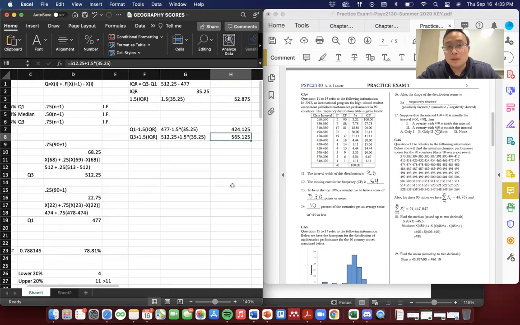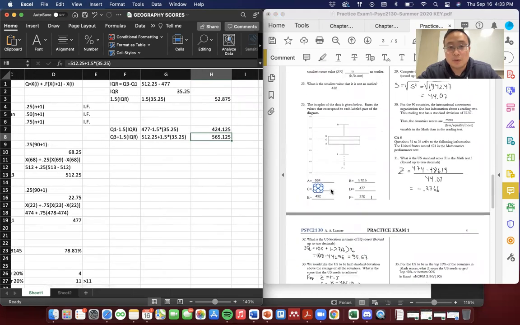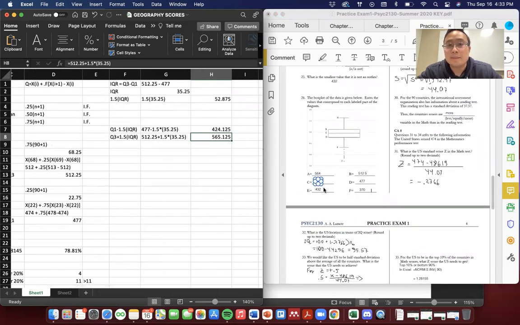So let's just work with A first, right? Anything above this number is an outlier, right? Okay, it will make more sense if I start with E then, sorry.